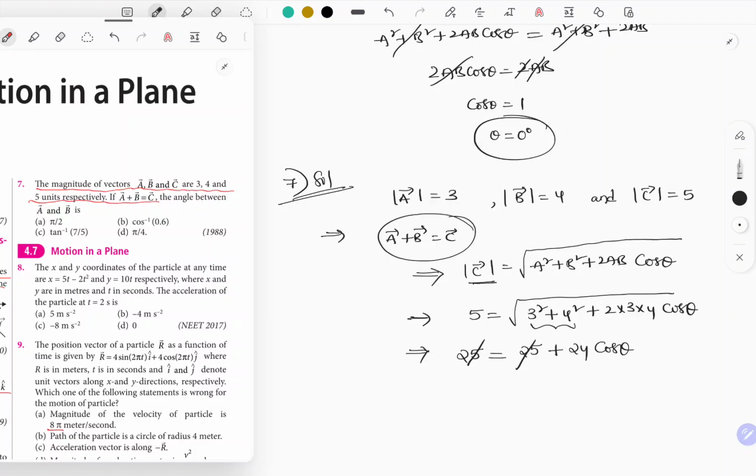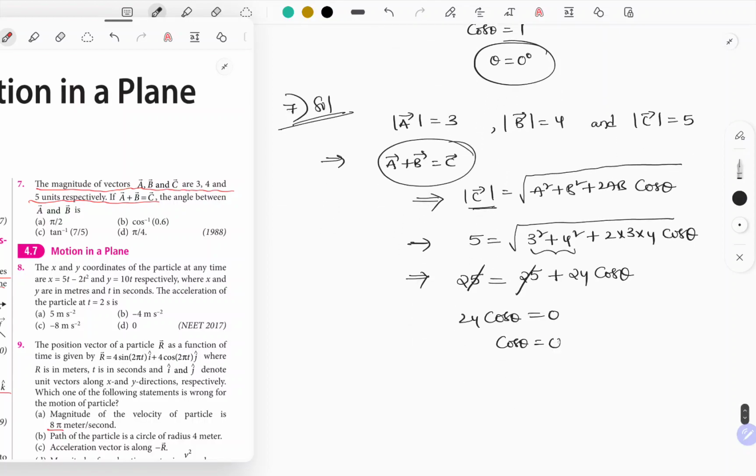Then 24 cos theta is equal to 0. Then cos theta is equal to 0. At what value of theta you are going to get cos theta 0? At theta is equal to 90 degrees. Hope you understood more. Look at this. Which option is correct? Option A for 7th question.